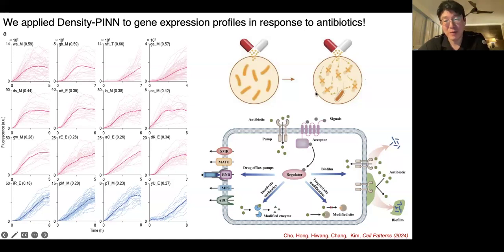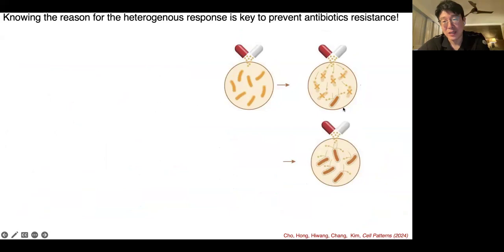And for this bacterium, what happens is that after a couple of days it grows up, so the antibiotics fail. So knowing that such heterogeneous response from bacterium to bacterium has been a big problem in the successful application of antibiotics.